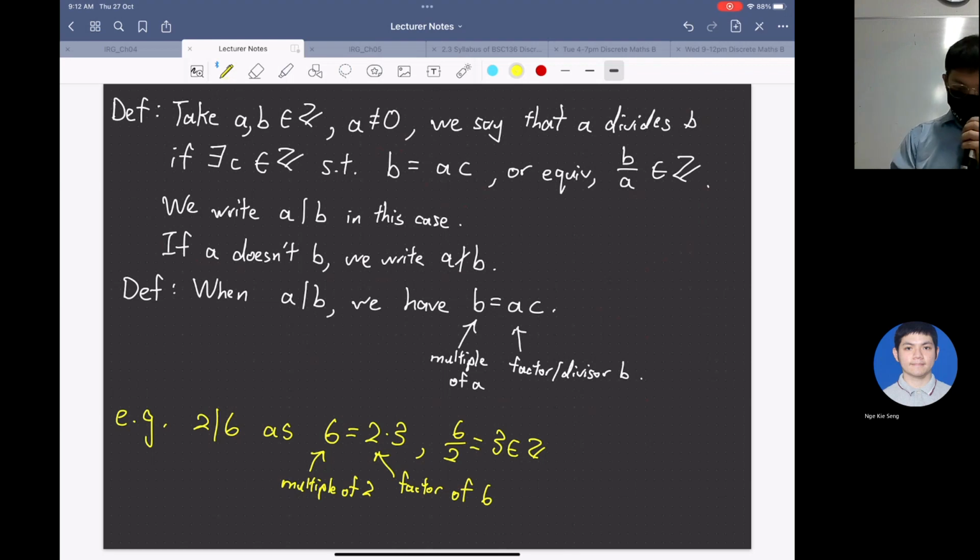Is it okay, following? Now a non-example: 2 doesn't divide 7. Why? Because if you take 7 divided by 2, you get 3.5, which is not an integer.